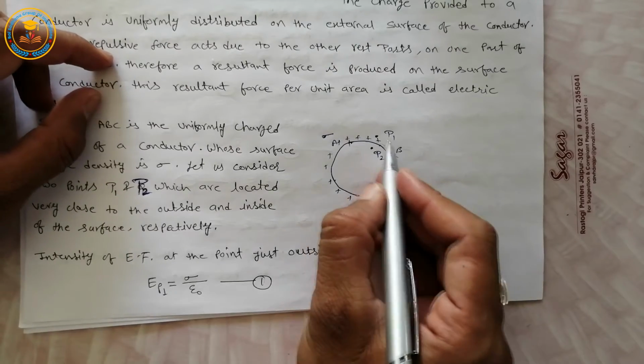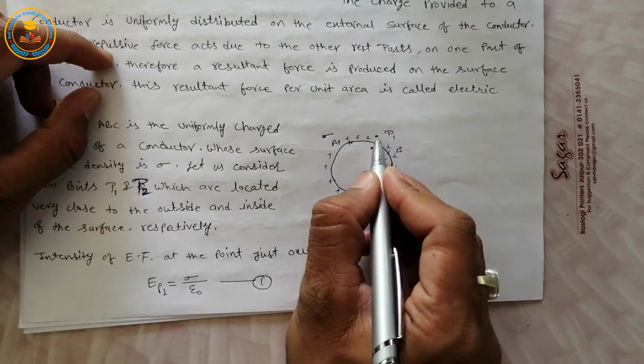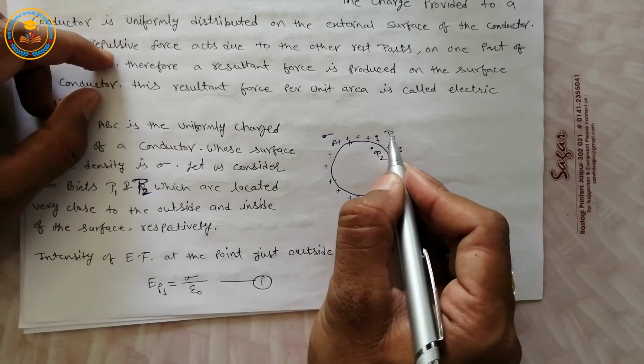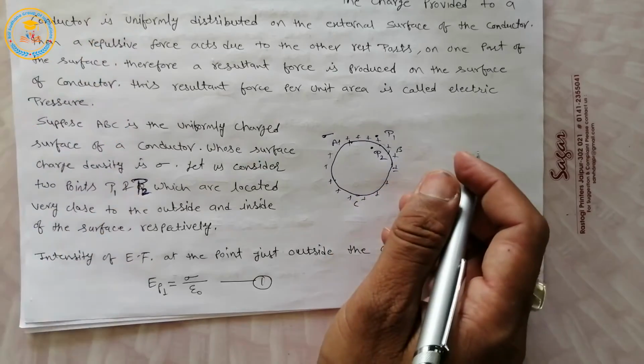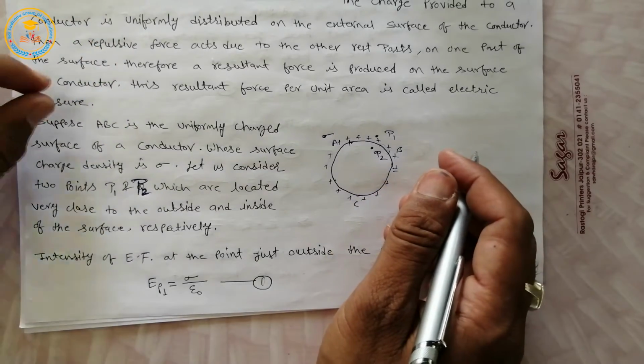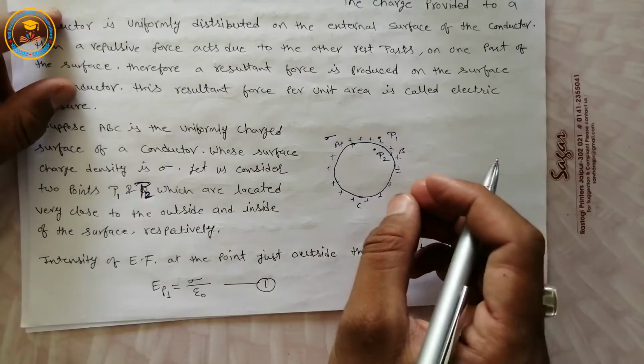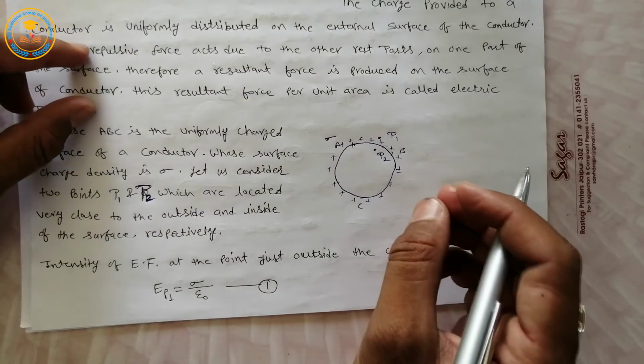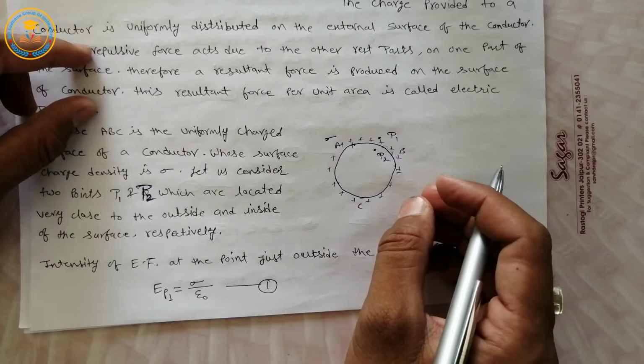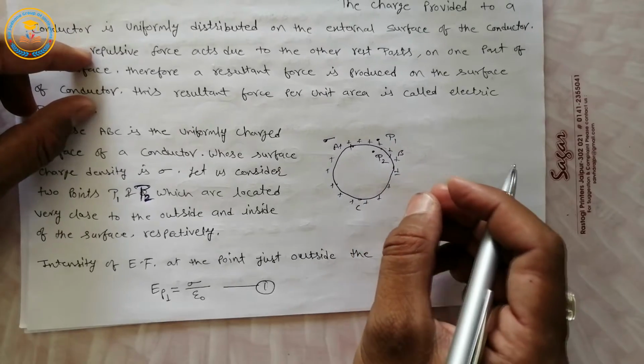Now, the intensity of electric field at this outer point P1. We know that the electric field intensity at an outer point of a charged conductor is equal to sigma over epsilon naught.